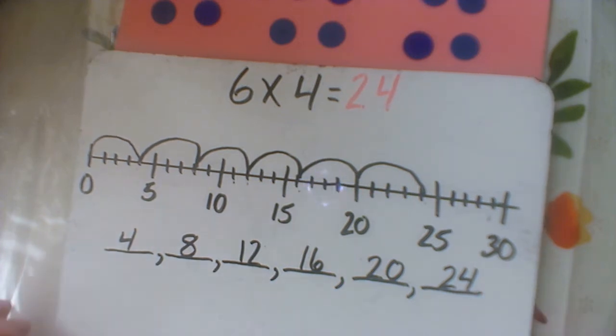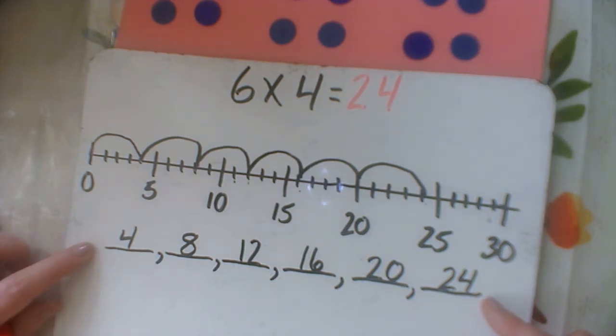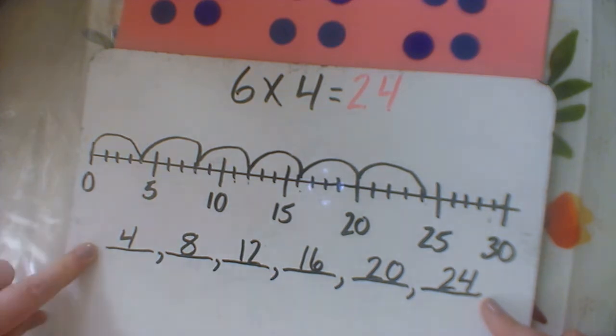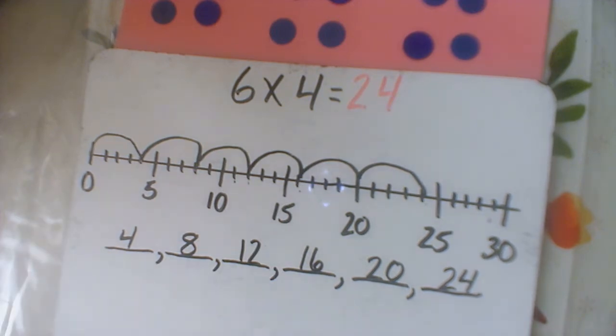Because we're not very fast, or at least I'm not very fast yet at counting by 4s, it doesn't seem like it's all that helpful or all that different than doing the repeated addition. But if it is a skip counting pattern that we know really well, then it is faster than having to add. So let's look at an example like that.